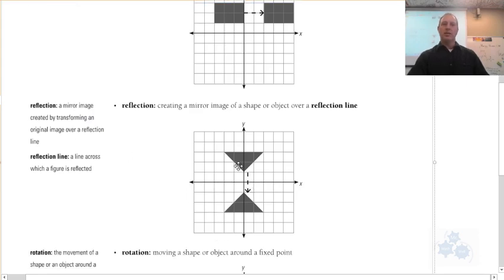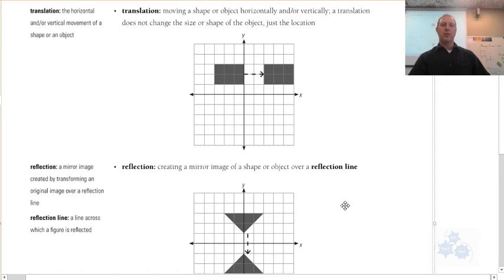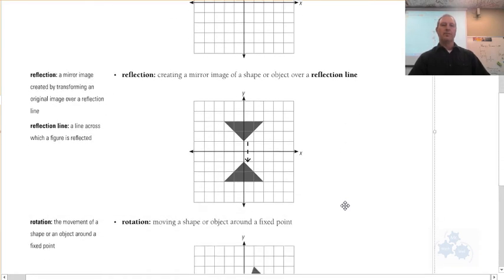In this case, this triangle up here is reflected about the x-axis. That's the reflection line, and it's flipped vertically down here. That's number 2, a reflection. So we've got translation, a move, and a reflection.